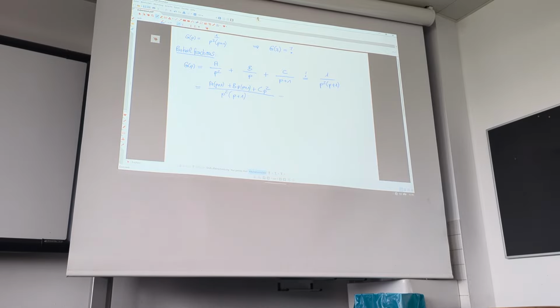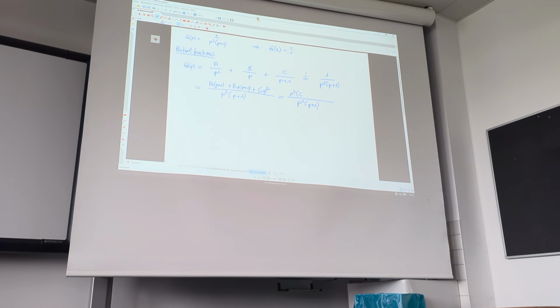Okay. And now we can rearrange the numerator a little bit. Let's start with the highest exponent in p, which is p squared. How often do we have p squared? Here we have c times, and here we have it b times.